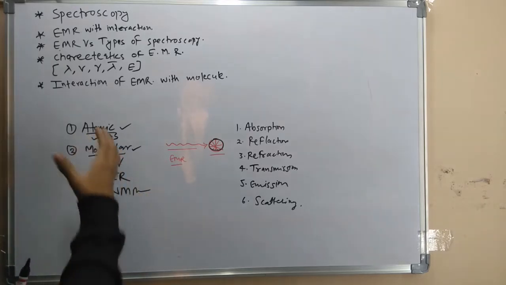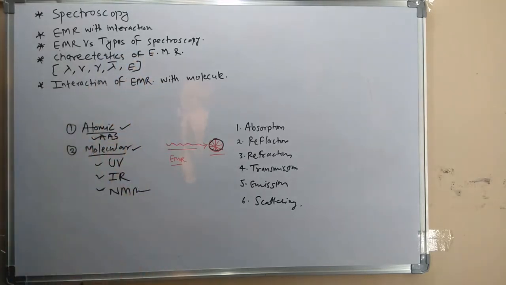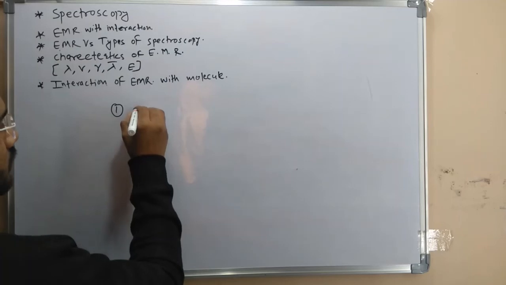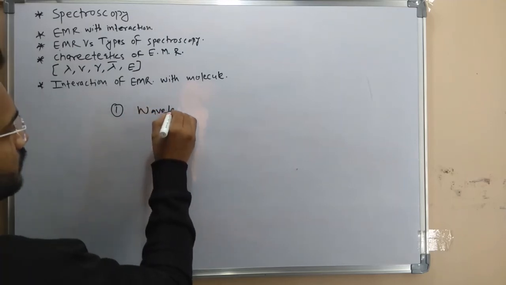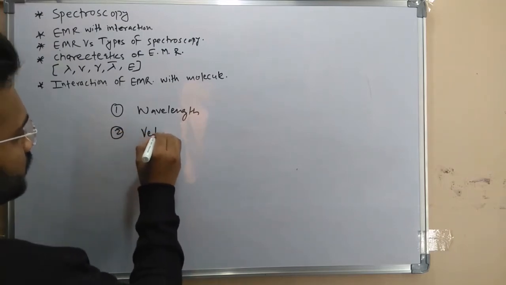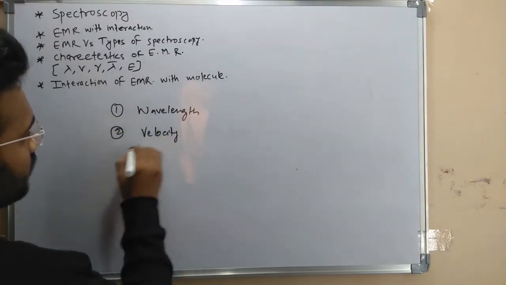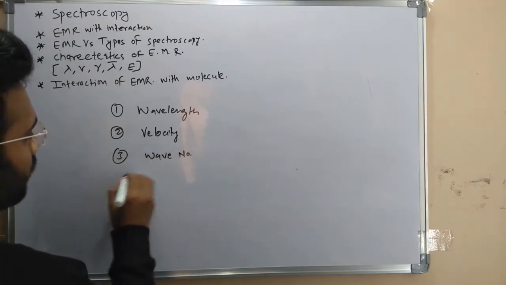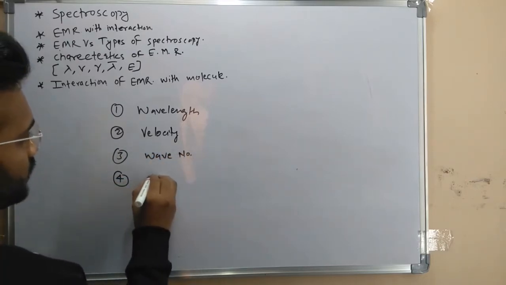Now the next part is the characteristics of electromagnetic radiation. Electromagnetic radiation has a wavelength. Second one is the velocity. Third one is the wave number. Fourth one is the frequency.